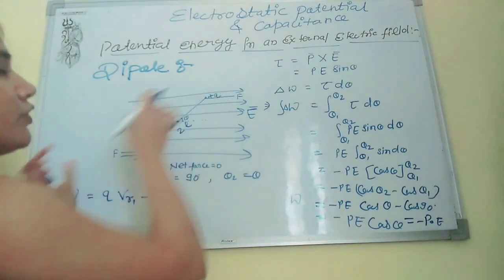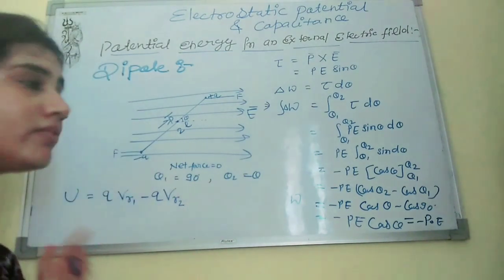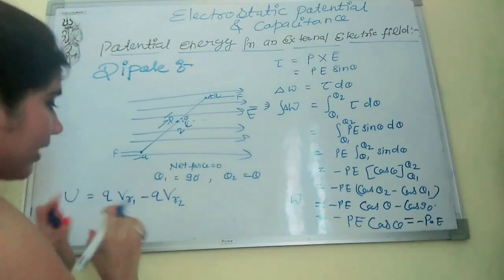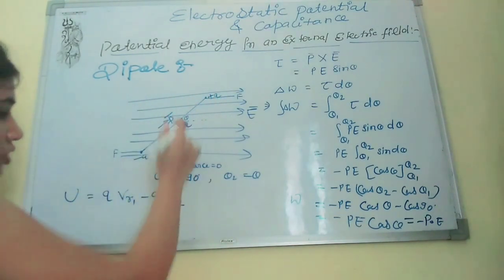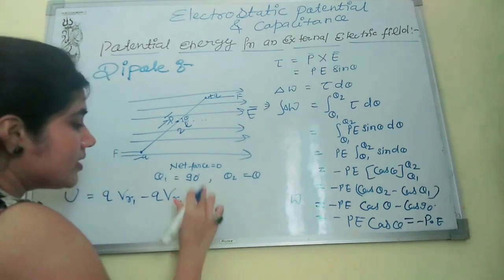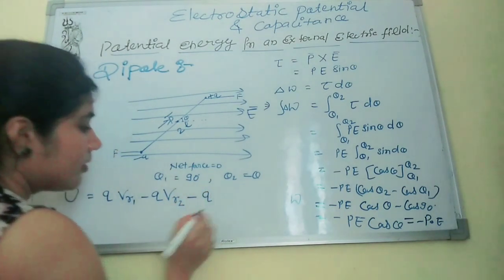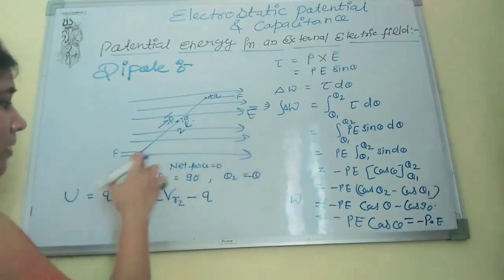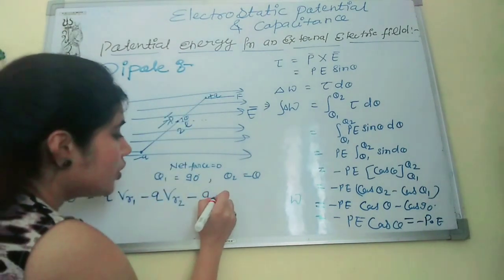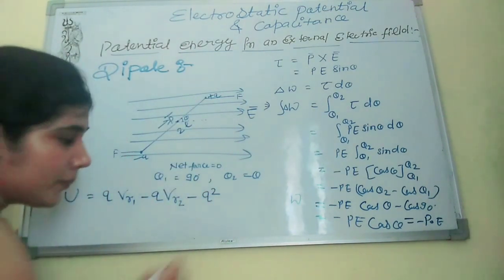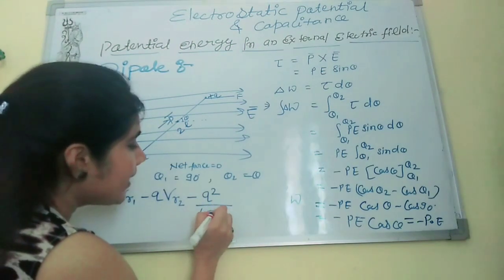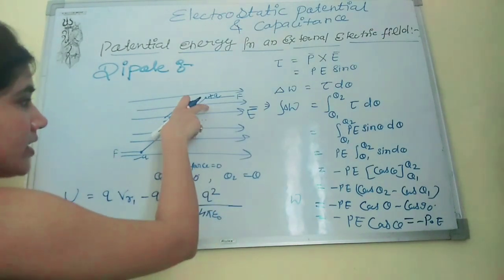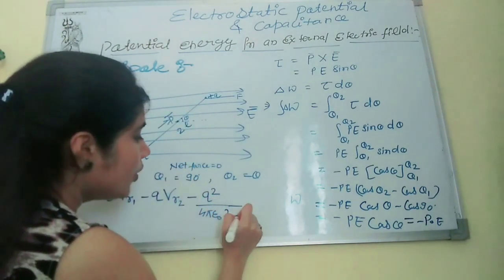Now, as we previously derived, the two points will also impact each other and there will be some mutual potential energy. This minus q multiplies with this plus q, giving minus q square upon 4 pi epsilon naught, and the distance between the points is 2l.